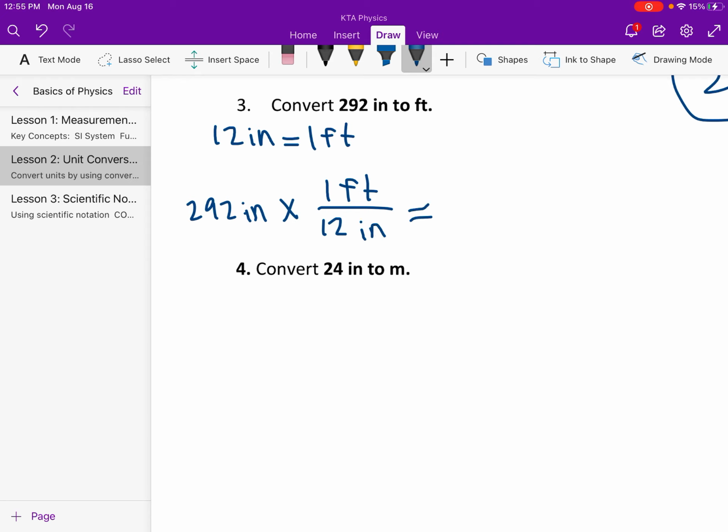We should get a smaller number because feet is a bigger value. 1 divided by 12. And we did get a smaller number. That would be 24.3 feet. Good.